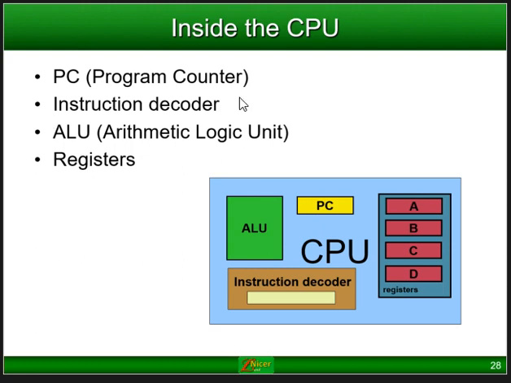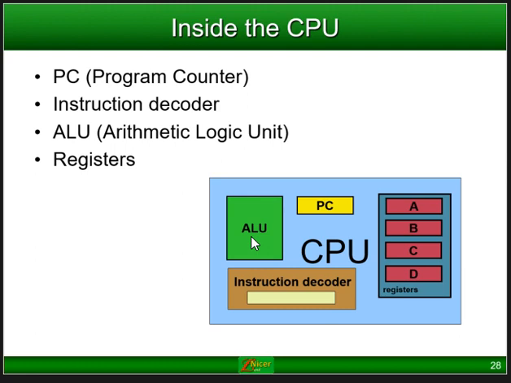Instruction decoder, this is this section sitting here. It will receive from your memory an instruction, which is a hex code again, and this instruction decoder will then know what to do and execute it. ALU, arithmetic logic unit, this is a unit where if I want to, let's say, add two values together, the ALU will do that.